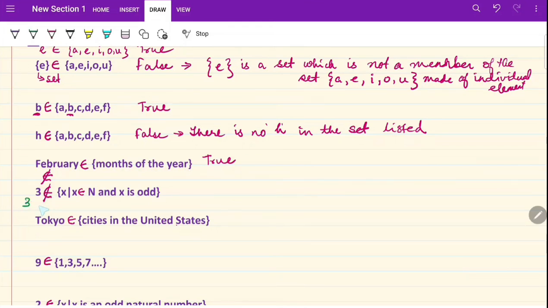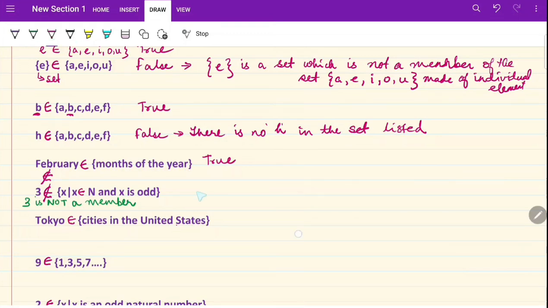What this is saying is 3 is not, because that symbol is crossed out, we should read it as 3 is not a member. The set that we are looking into is the set of natural numbers where all the elements are odd values. 3 is a natural number and it is an odd value, so it should belong to this set, correct? Therefore, this is a false statement.